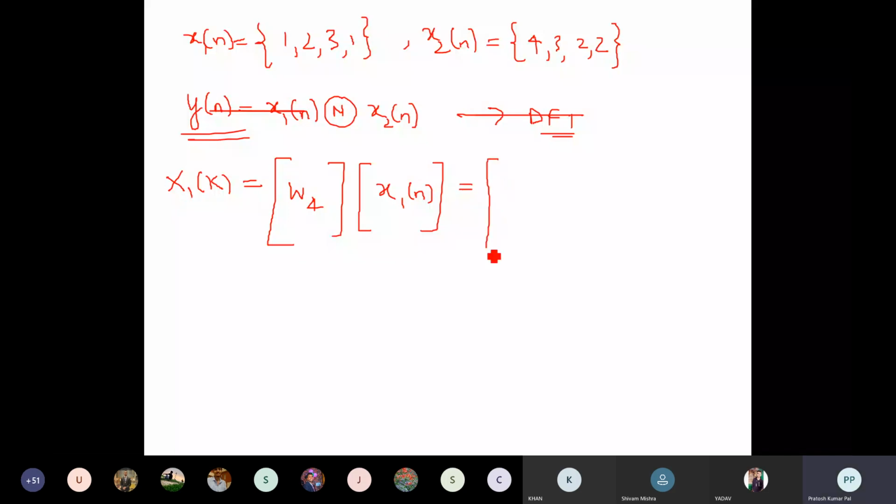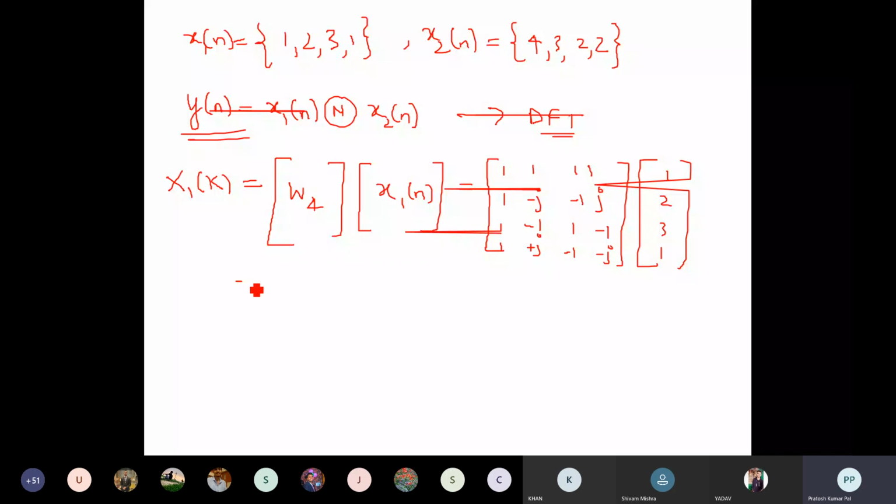W4 is the matrix with rows 1, 1, 1, 1; 1, minus j, minus 1, j; 1, minus 1, 1, minus 1; and 1, j, minus 1, minus j. This is the twiddle factor matrix, and x1 is 1, 2, 3, 1.